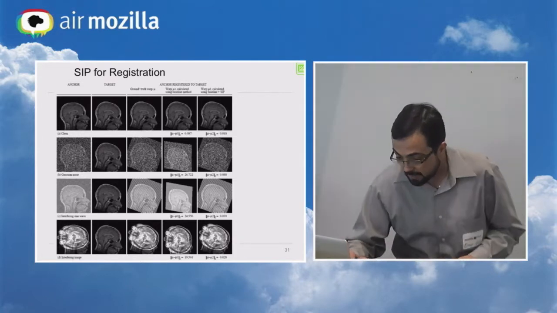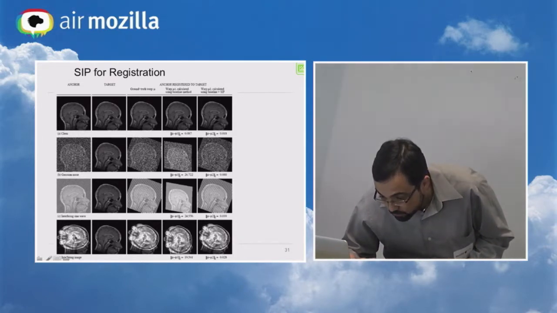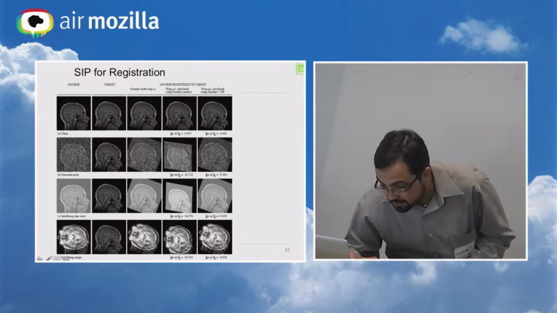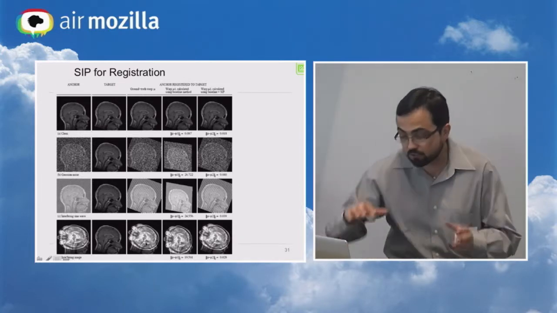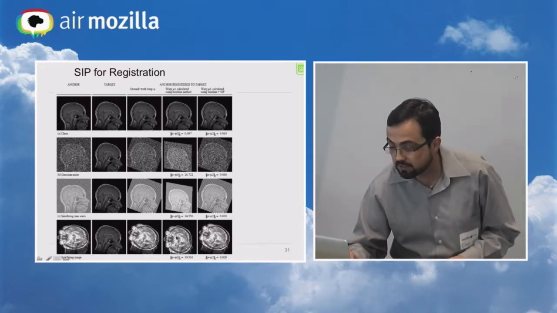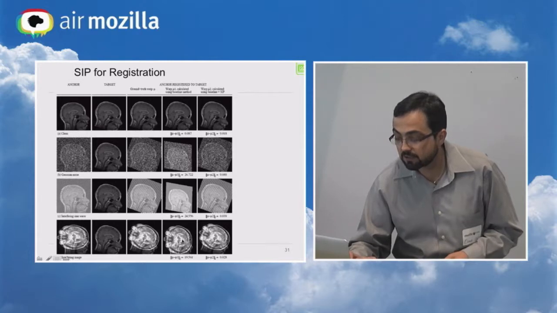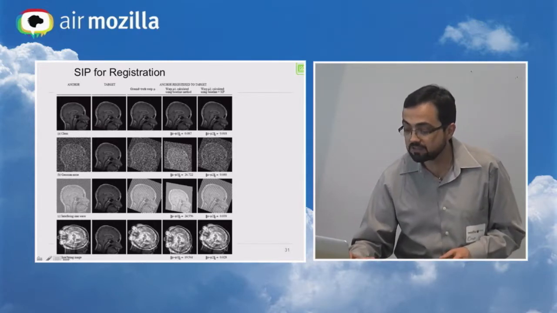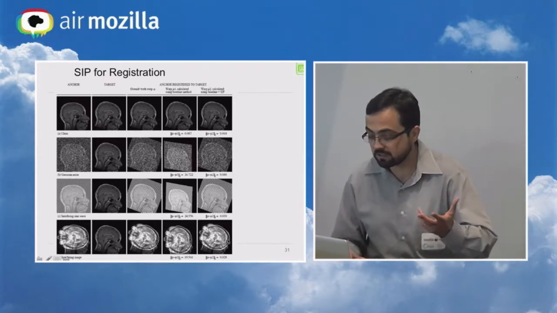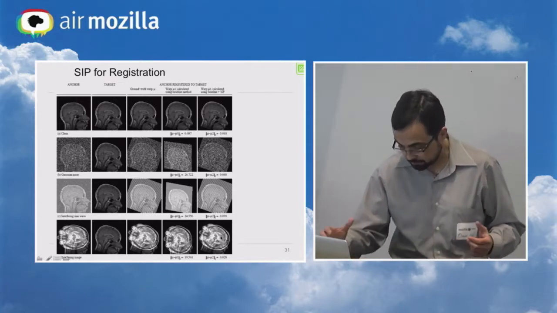Here, two images are fused together. This is the ground truth, how the rotated image should look, this is what the baseline technique calculated, and this is how the baseline fared after we integrated SIP into it.